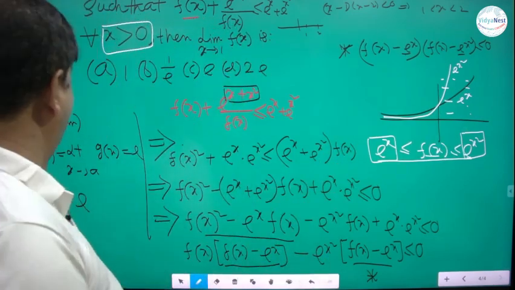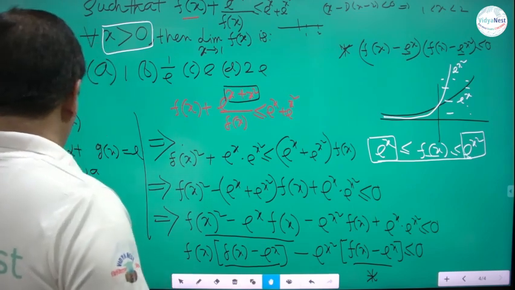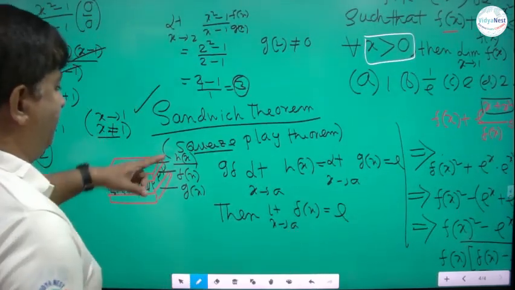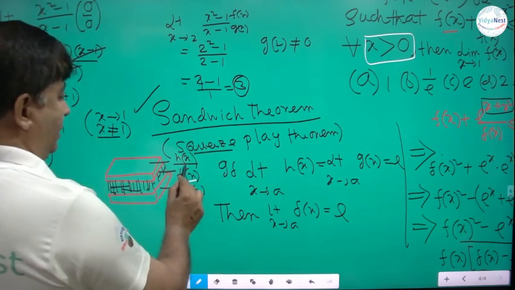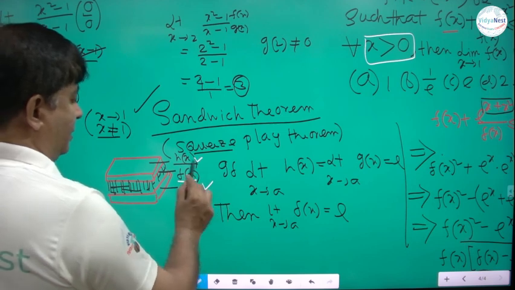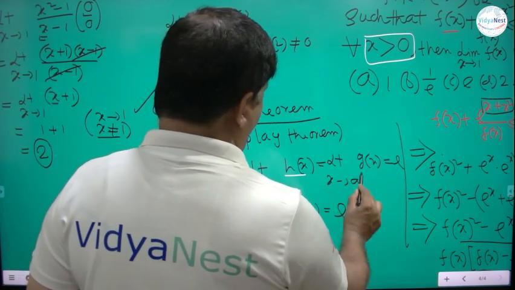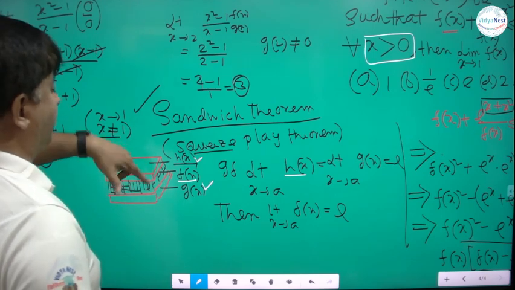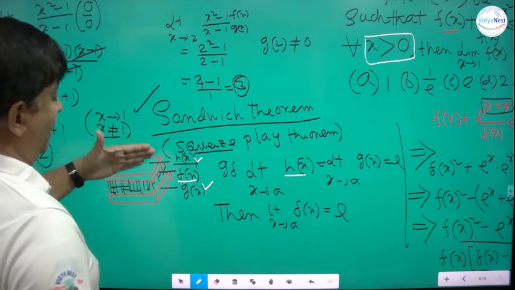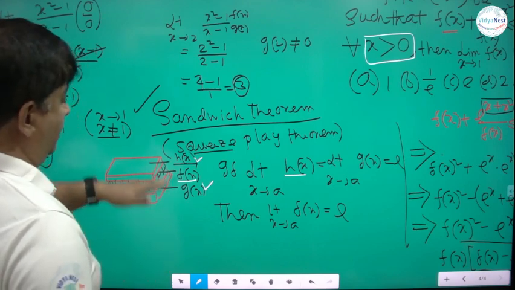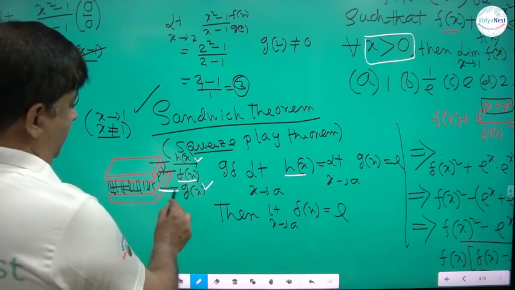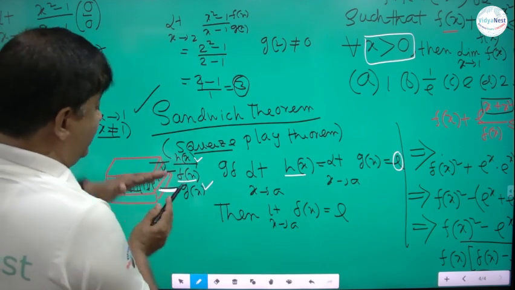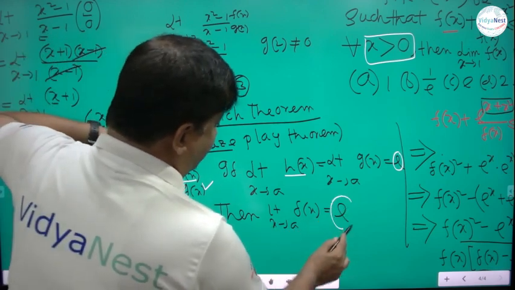Now what does the sandwich theorem state? A few minutes back we discussed it. The sandwich theorem states that if f(x) is squeezed between h(x) and g(x), and as x tends to a the limiting values of the uppermost curve and the lowermost curve are equal, then the function which is squeezed between these two will have the same limiting value.